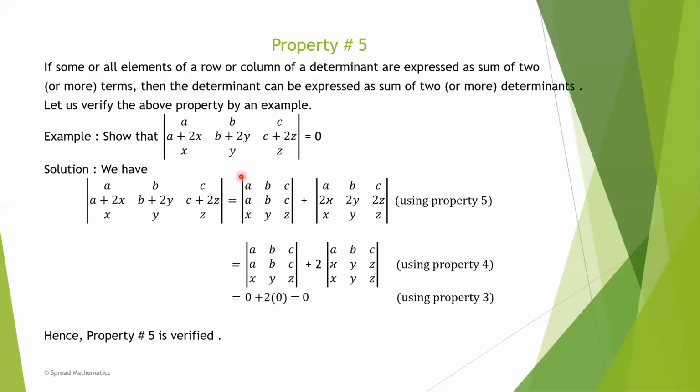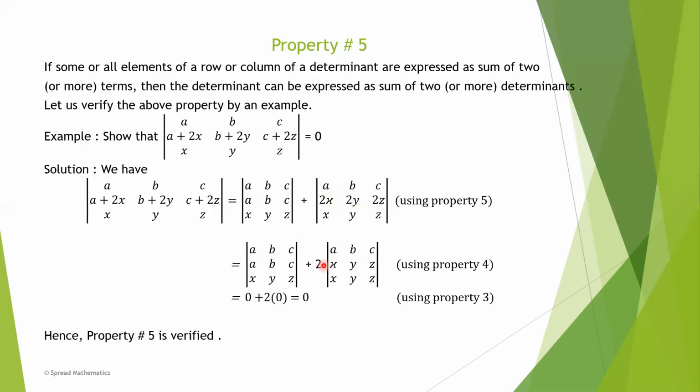So the first determinant is here, meaning A X, B Y, C Z. This is our first determinant, and from here A to X, B to Y, C to Z is the second determinant. Now you can see in the first determinant, the first row and second row are identical, and in the second determinant, 2 is common in the second row.